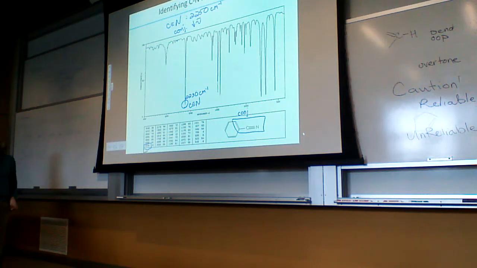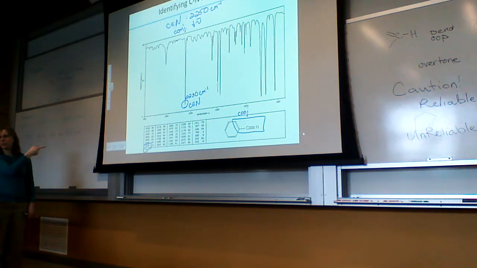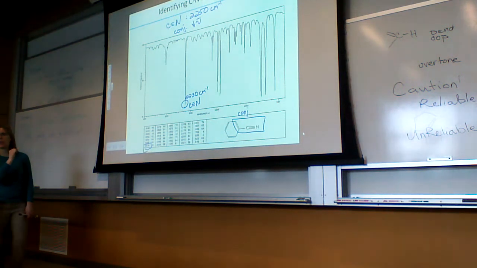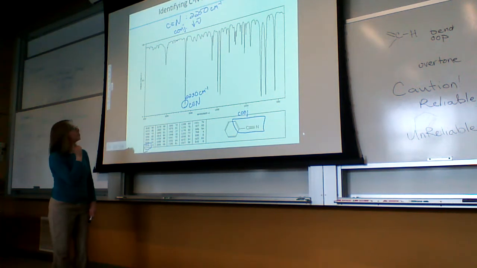At this point, we need to be more specific about our values, and knowing that 2250 is the nitrile, then what's happened? We're not at 2250. How has it shifted a little bit?